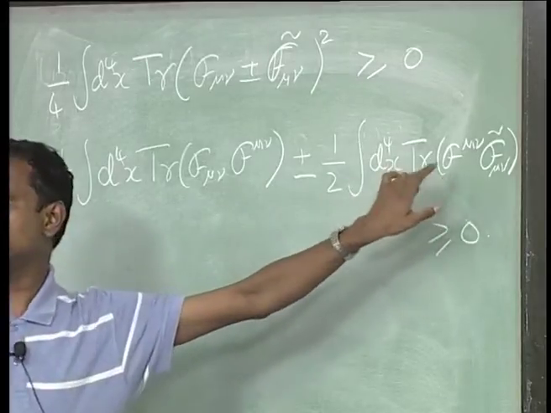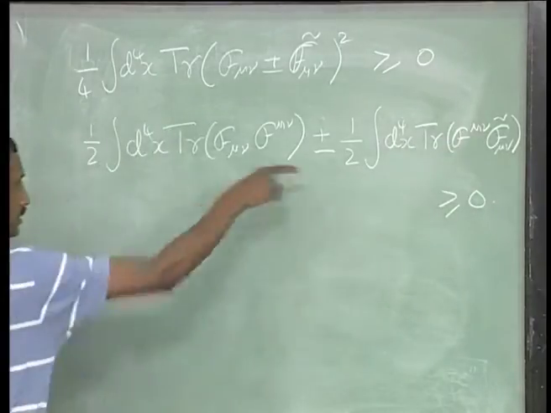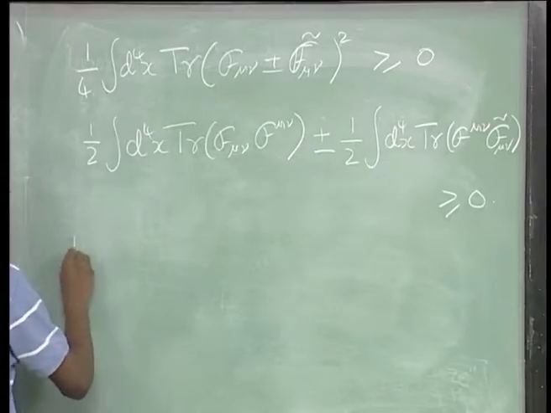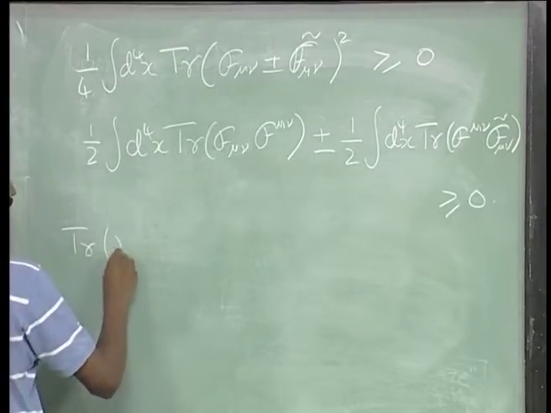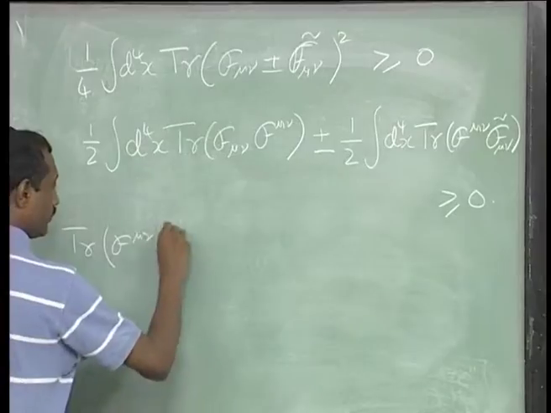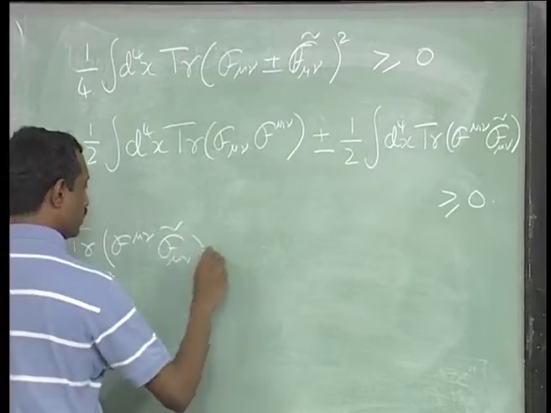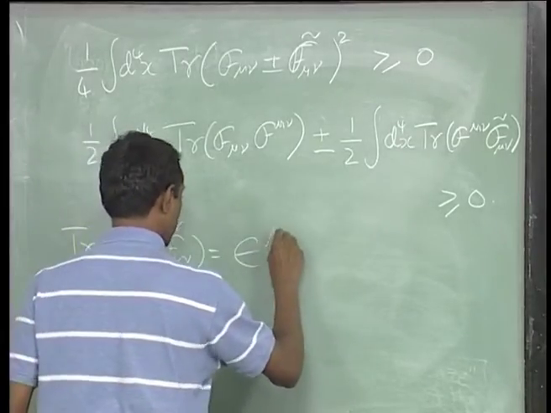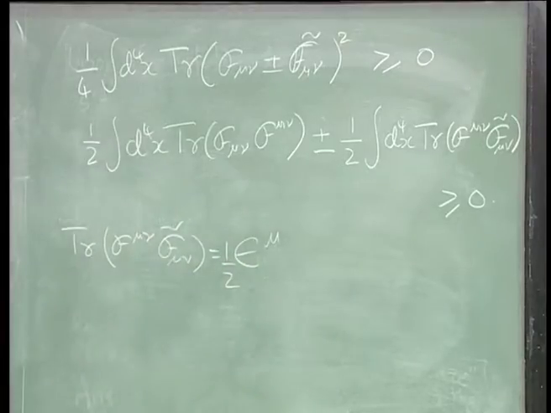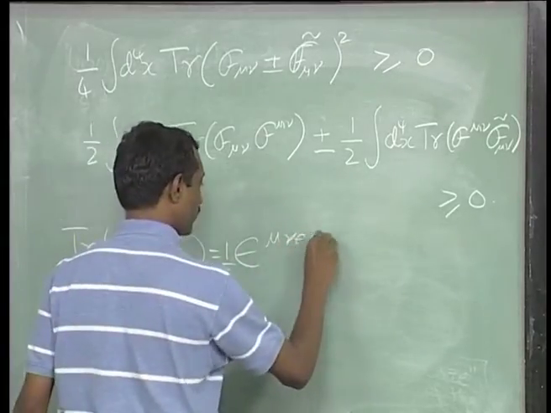This is exactly the winding number guy, because what is this? So let us work that out. Trace f mu nu f tilde mu nu is equal to, there is a half in the definition, epsilon mu nu rho sigma.